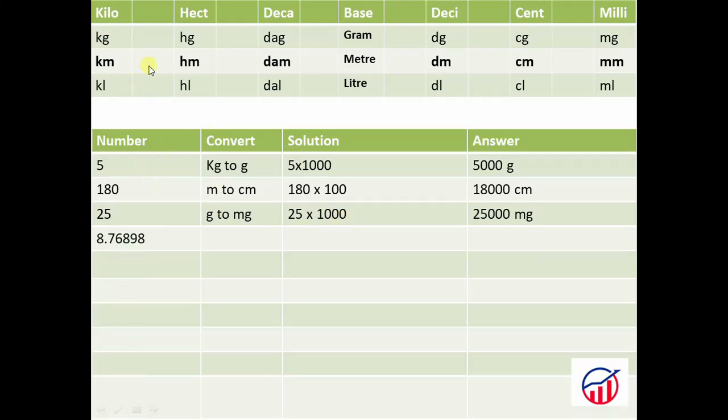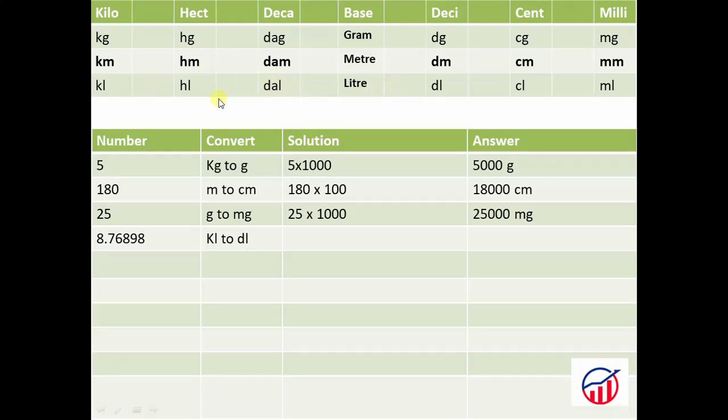That was when zeros are involved. Now when there is a decimal point, how to handle the same thing? The process is the same. So what is this? Kiloliter to deciliter. So come to the liters over here. You have kiloliter over here and deciliter over here. The principle is the same. You're going to count the gaps between kiloliter and deciliter. How many gaps are there? 1, 2, 3, 4.